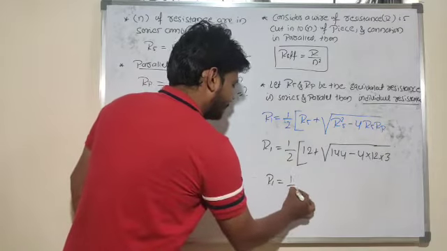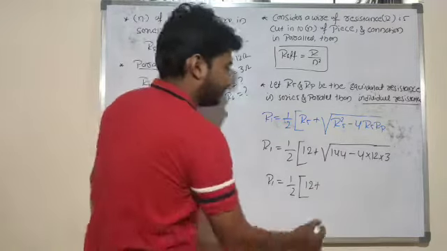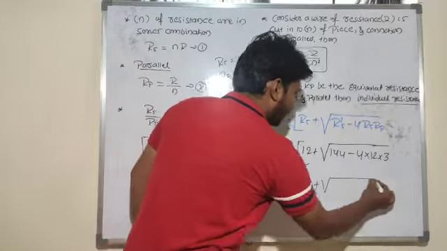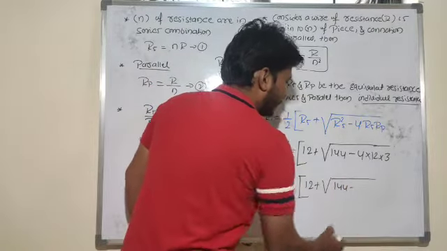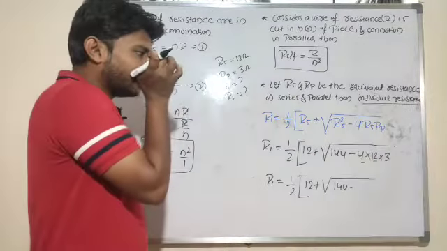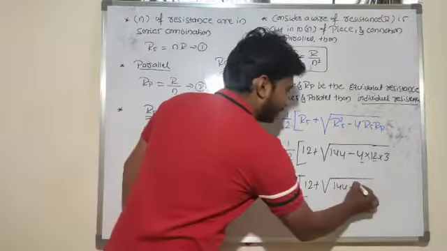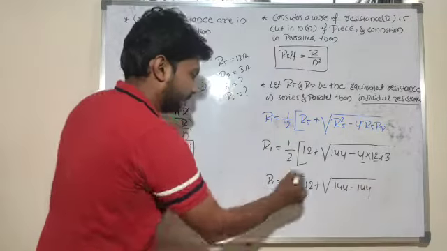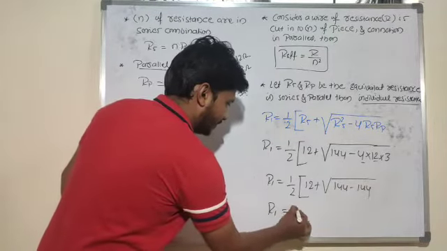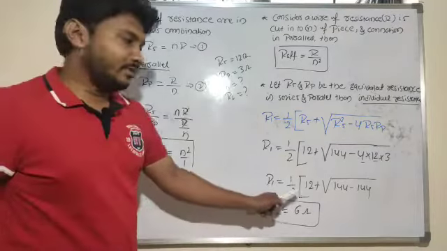Then what will be our answer here? 1 by 2, 12 plus square root of 144 minus, so 12 into 4, 48, 48 into 3, so again 144. So this value is 0. So R1 is equal to what? 6 ohm here. R1 value is 6 ohm.